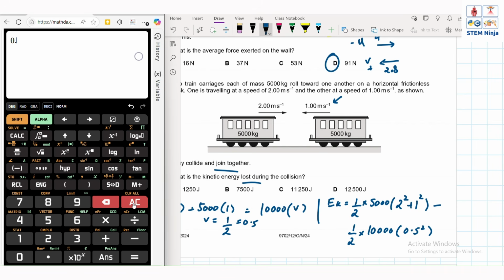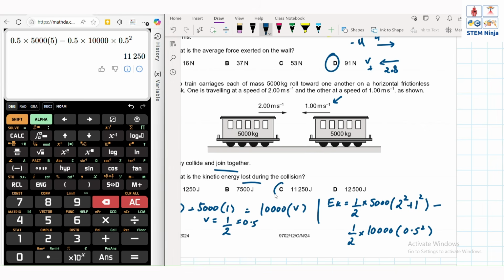That's what we have to do. So 0.5 times 5,000 times (2 squared plus 1, that is just 5, because 4 plus 1 is 5), minus 0.5 times 10,000 times 0.5 squared. So 11,250, that is C.